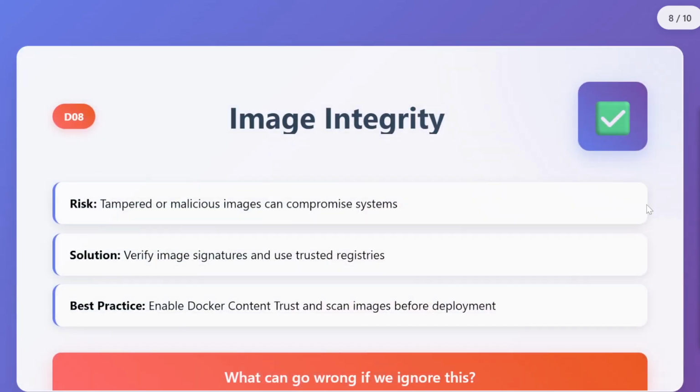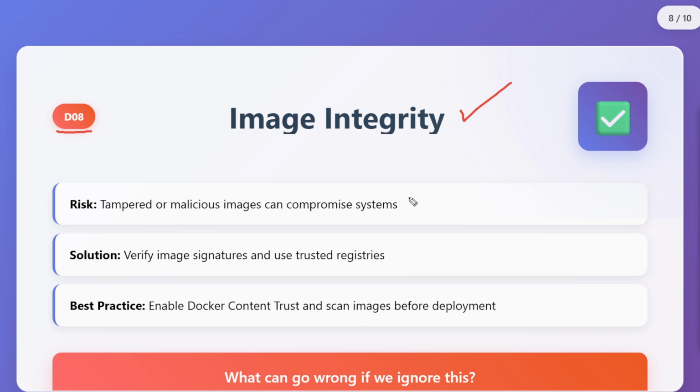And coming to the next one, Docker OWASP Top 10, D08, that is image integrity. Basically, image integrity is about how exactly images are pulled and run.